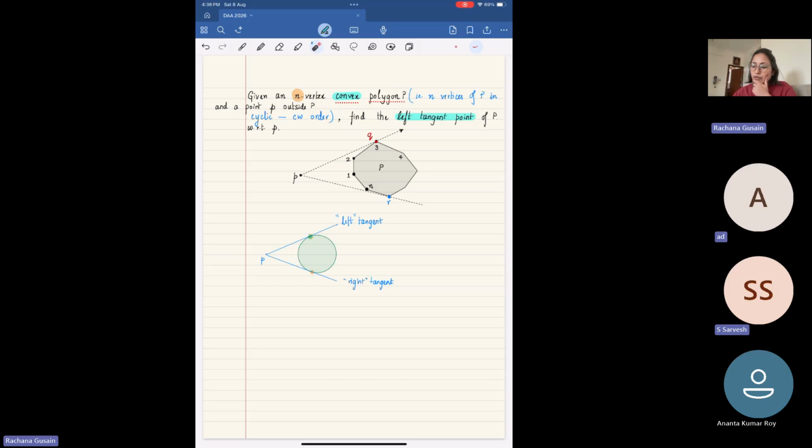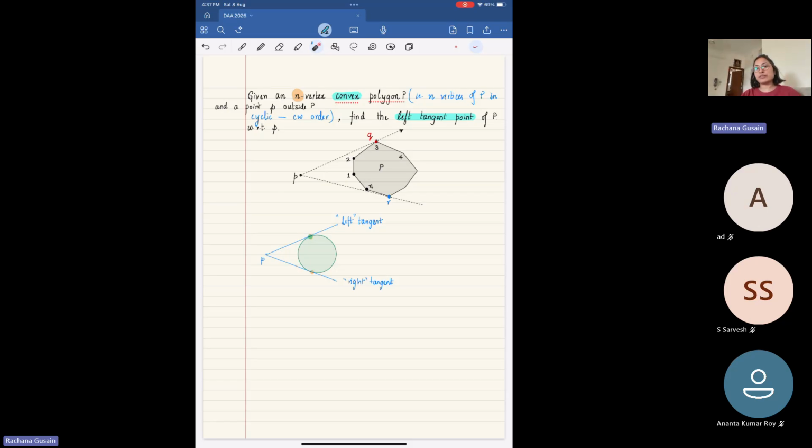Yes, ma'am, leftmost with respect to the external point P. Whereas in the Jarvis-March algorithm, there was no external point P. So we were starting with the point with the minimum x coordinate, and then starting from that edge, whenever we wanted to find the next leftmost point, it was with respect to the current point.